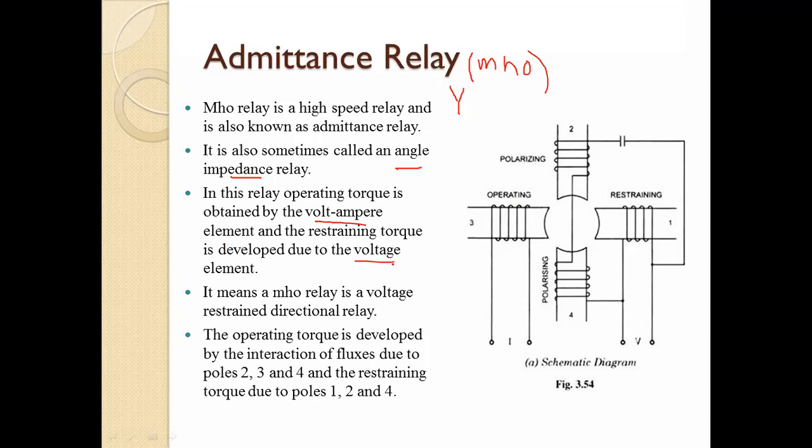Now tell me, what was in the reactance relay? Operating torque was obtained by which element? Yes, which element?